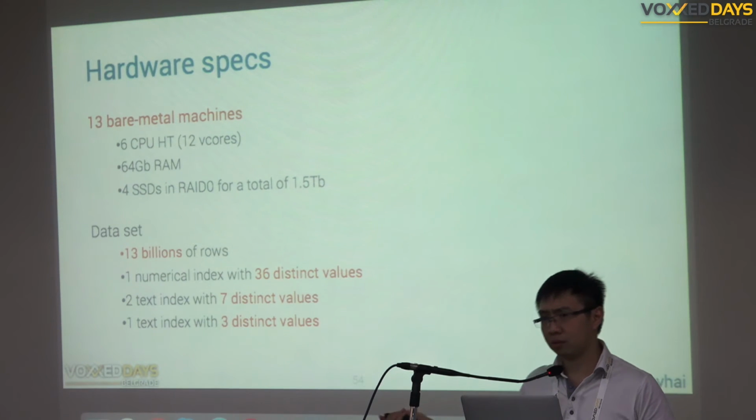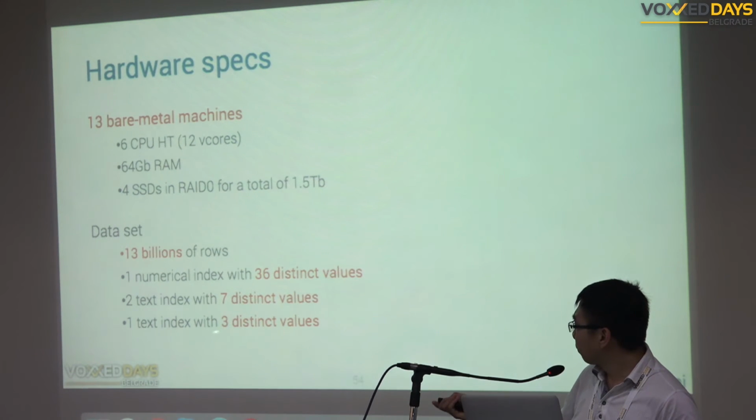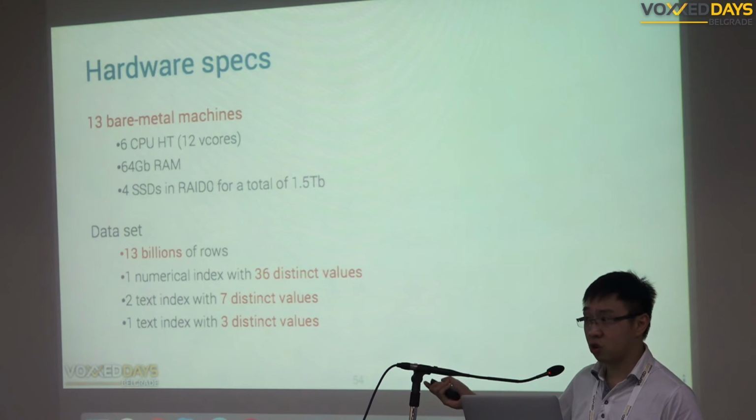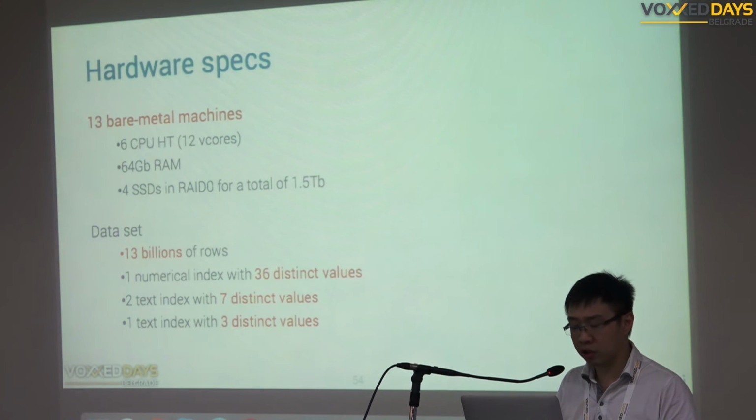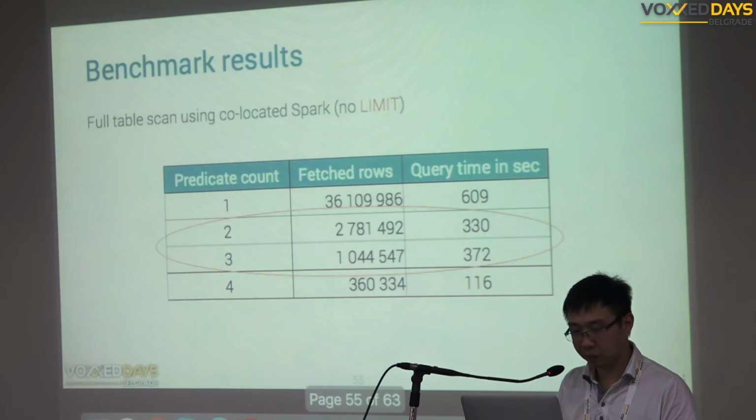What does it mean? It means that you have only 3 distinct values for 30 billion rows. So the index is very dense. I want to stress test this new implementation of secondary index.